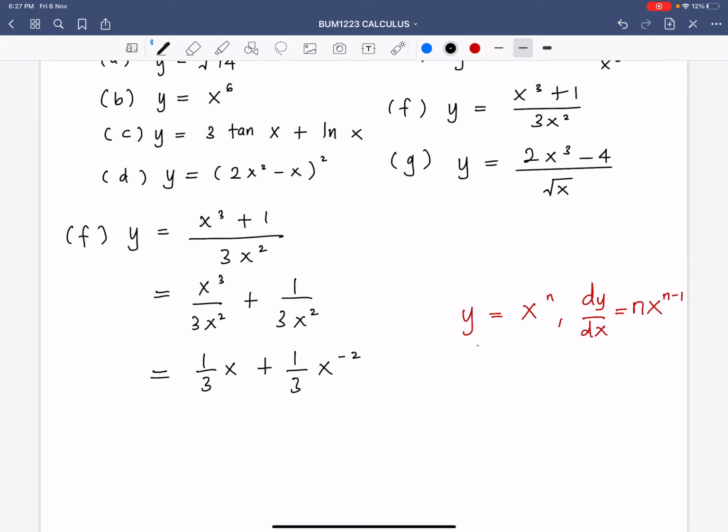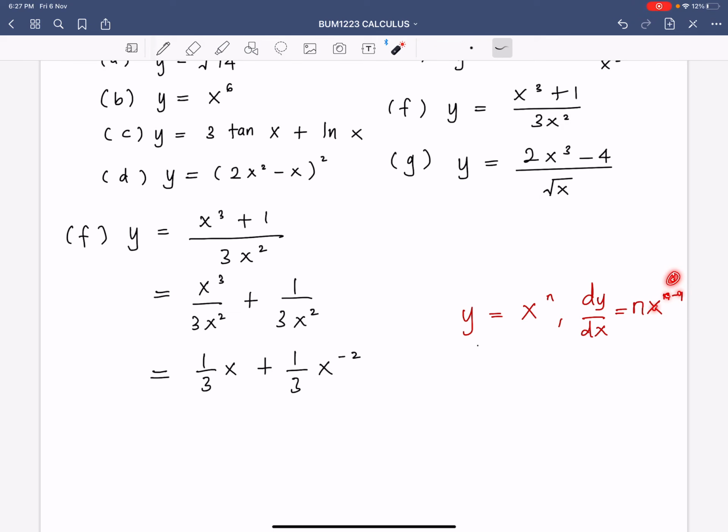Where now this and this are in this form. For the first one here, we have x power of n, where n here is equal to 1 because x power of 1 is x. So here you have 1 times x power of 1 minus 1 is 0.